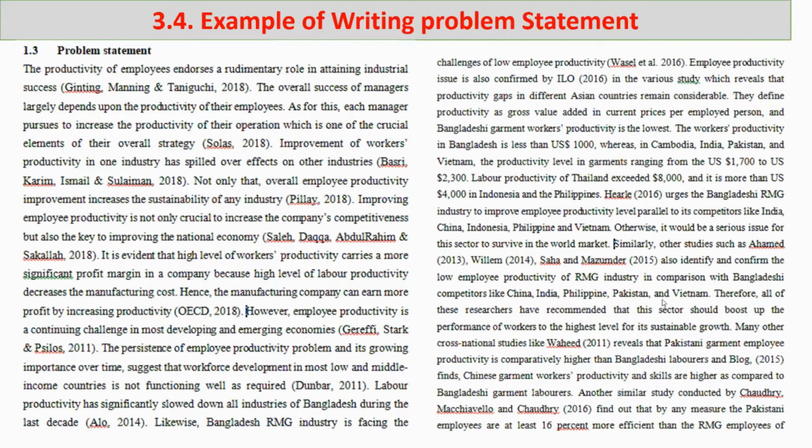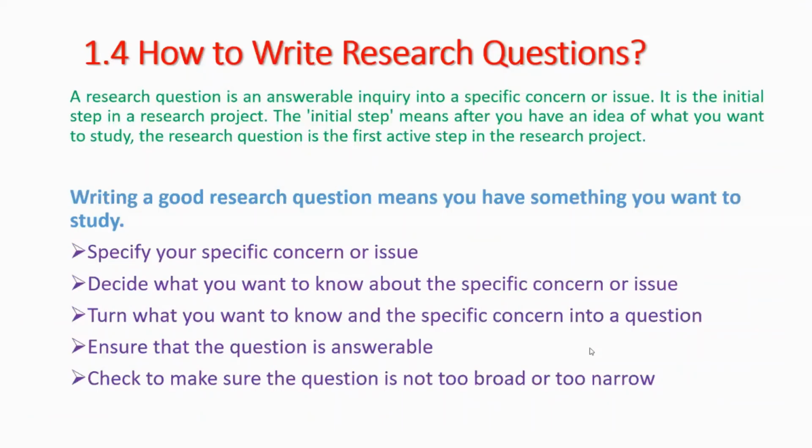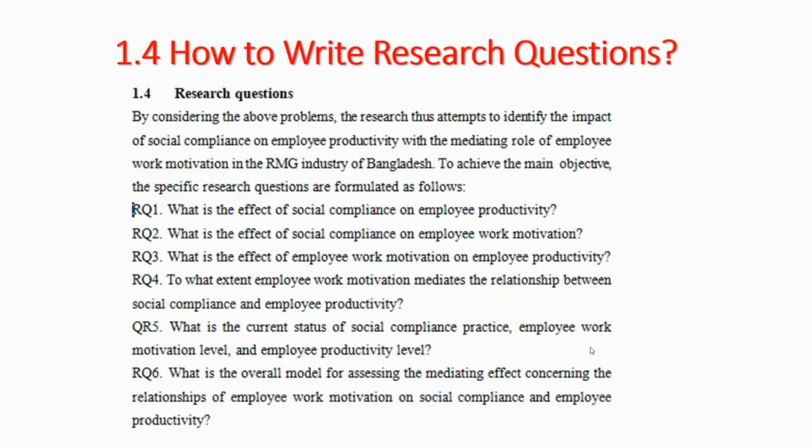So once we have the problem, then we determine our research questions. This is the problem we identify. Now, what is the problem that we want to solve? So immediately we come up with the question. What is a research question and how to determine the research question, I shall show you.